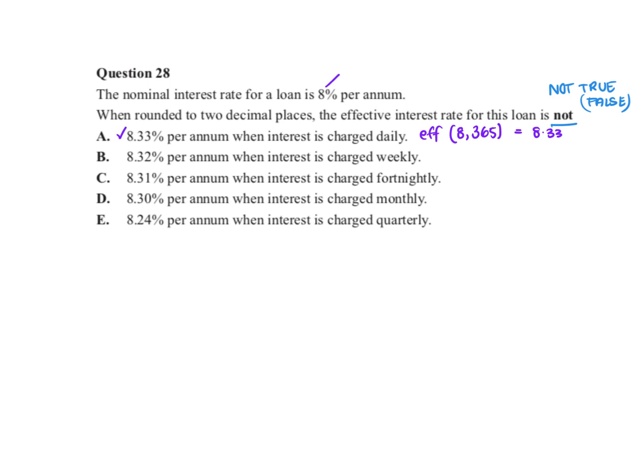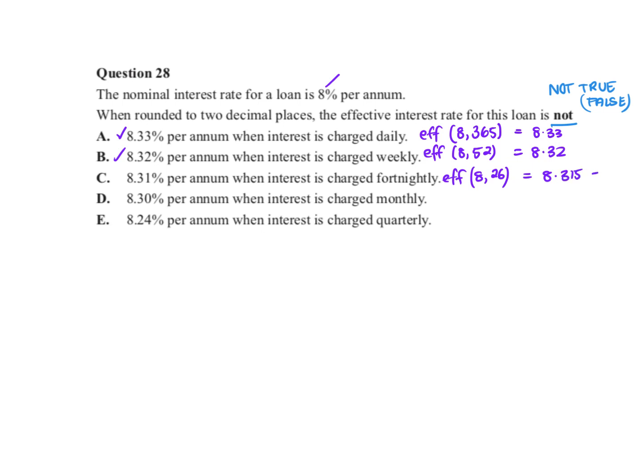What about, it says if it's charged weekly. So if I work out the effective interest rate for weekly, which would be 52, I get 8.32. That's what they said. I'm going to go with it. When I do the effective interest rate for the fortnightly, which would be 26, I end up with 8.315.